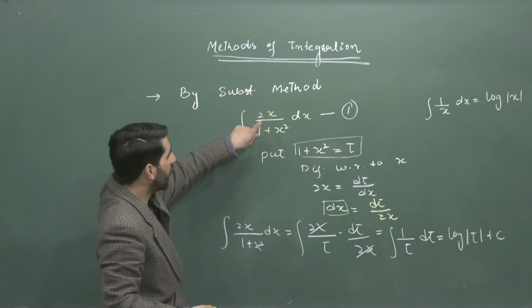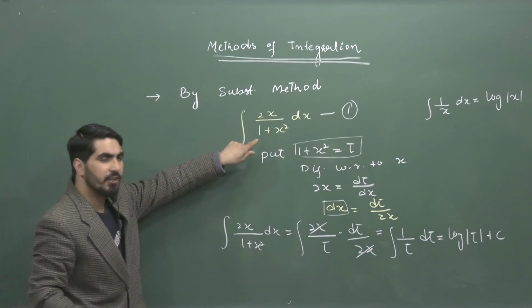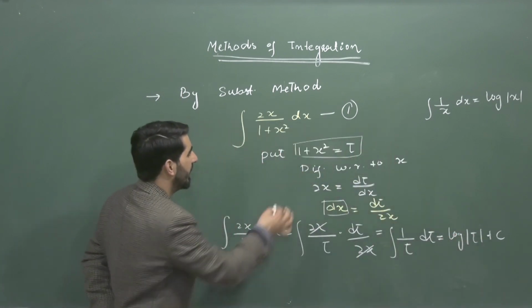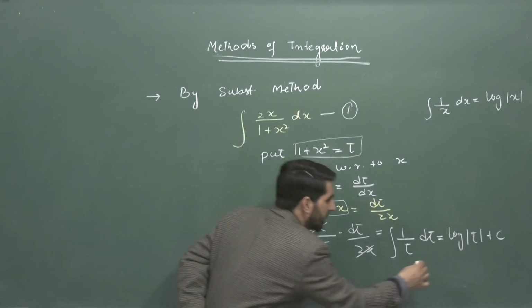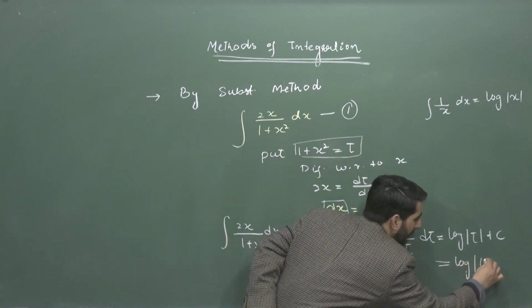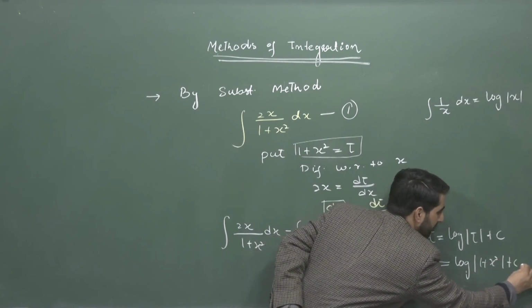But the original function is in terms of x, so we replace the value of t, that is 1 plus x square. So we get log of 1 plus x square plus c.